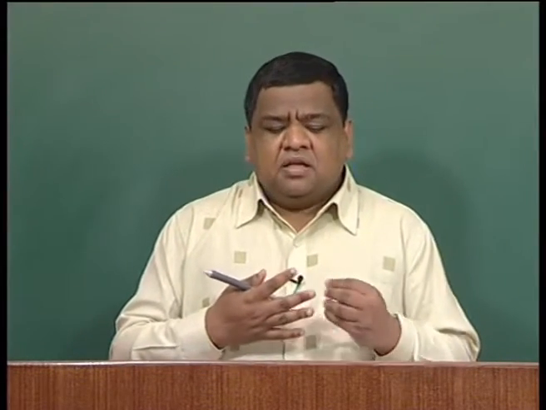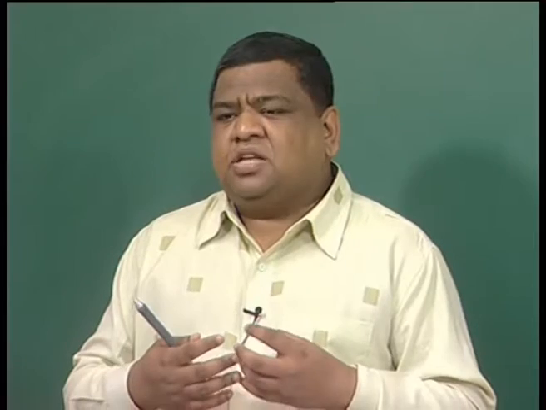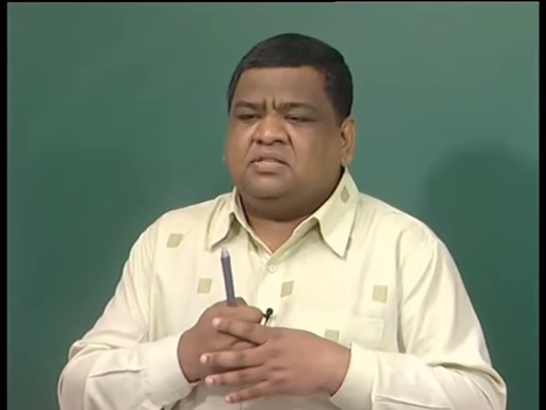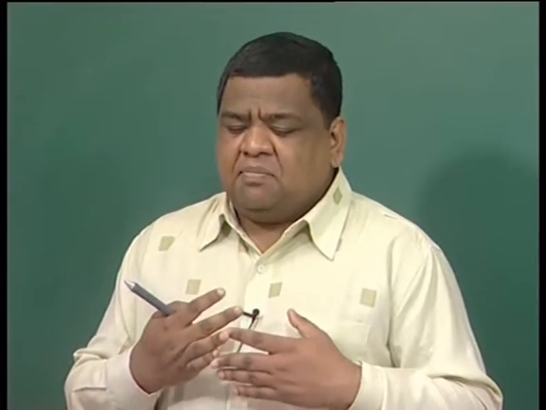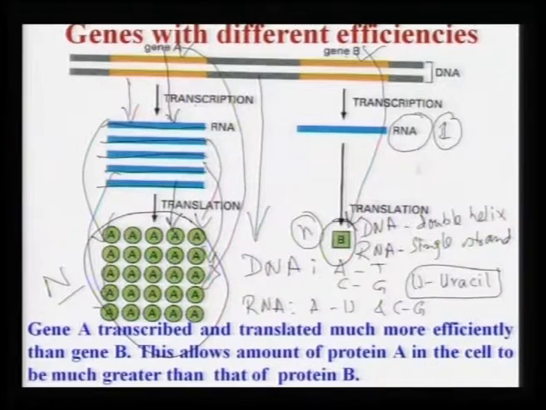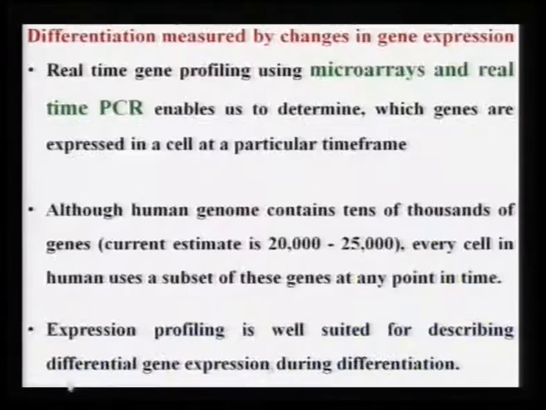Expression, in biological terminology, means that a particular molecule can be measured at a certain concentration. If I say gene A has higher expression, that means gene A can be measured at a much higher concentration by a certain analytical equipment. So, real time gene profiling is about when the actual differentiation process occurs.